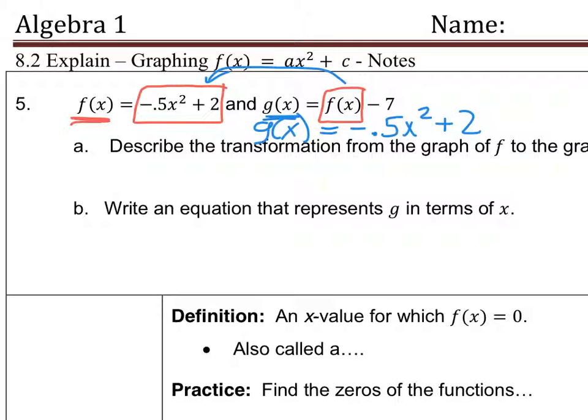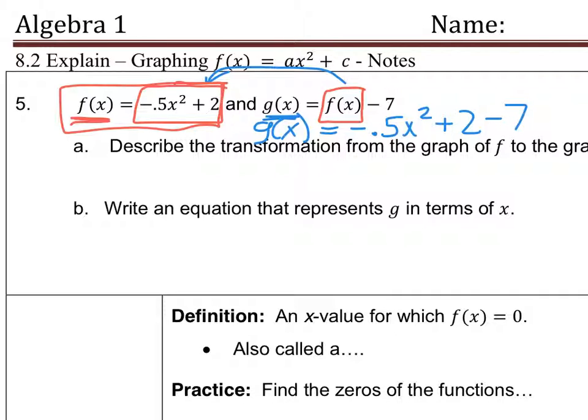Okay, so that takes care of our whole f of x equation, and then we have to continue with what g of x says, so -7. And then when you put these two in your calculator, always bold your original one, the one you're comparing to. So you make that in y1 and bold it, and put the other one, the g of x, in y2, and don't bold it.